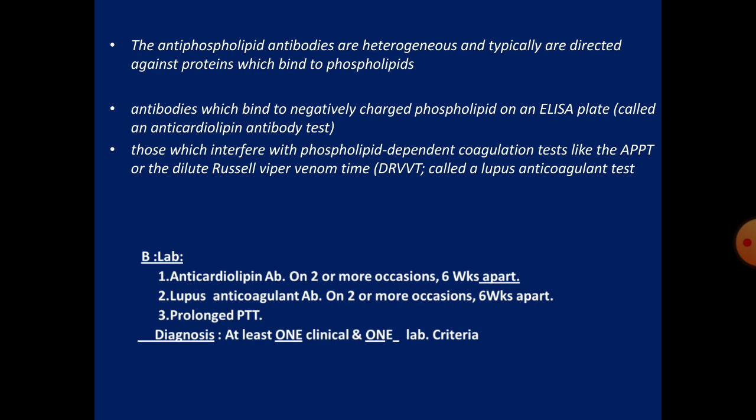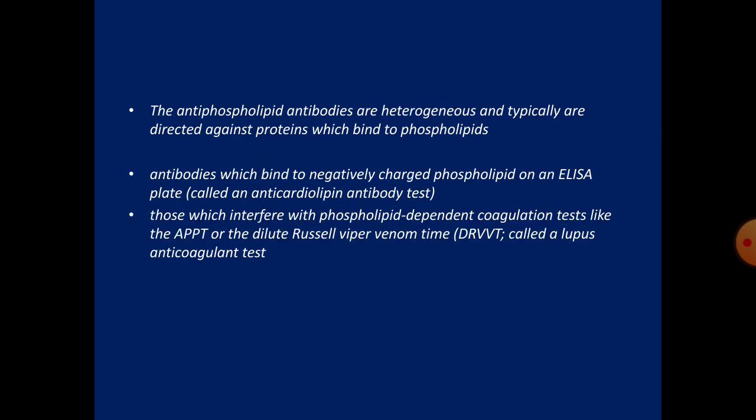For lupus anticoagulant antibody, again, we need 2 or more occasions 6 weeks apart, in addition to a prolonged PTT or, as we said, a prolonged dilute Russell's viper venom time, to make the lab diagnosis of antiphospholipid syndrome. So the diagnosis requires at least one clinical criterion, as we mentioned, in addition to one lab criterion, to make the diagnosis of antiphospholipid antibody syndrome.